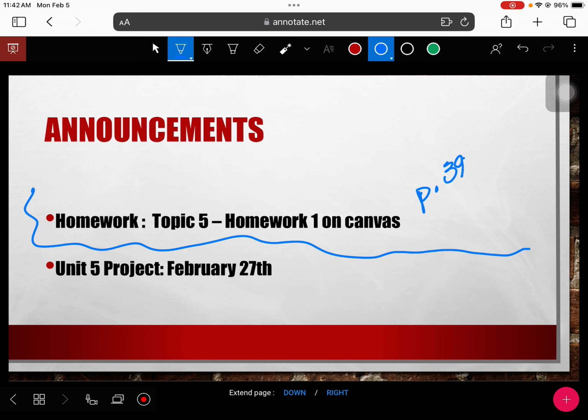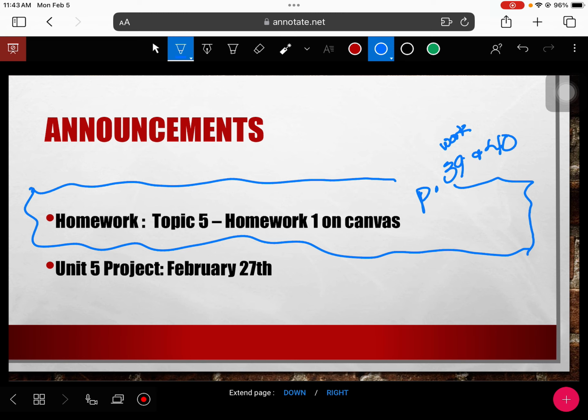So you can continue and just work on page 39, do the work in the book, and then put the answers on Canvas. Also page 40. Okay, so it is all very similar to what we just did, especially page 39, just more problems. So you can do your work on these pages and then enter your answers online on Canvas.